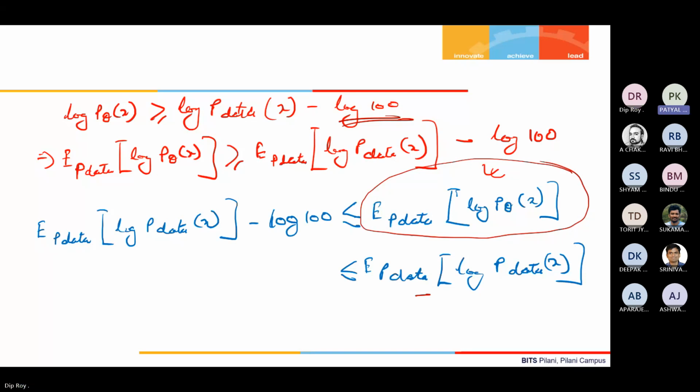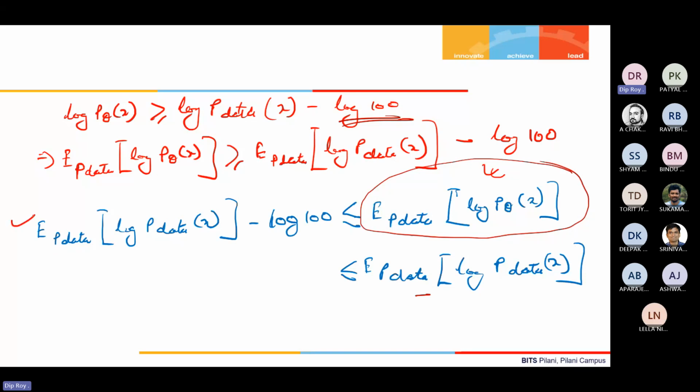Yes. But with this particular equation, what did we see? We saw that the expectation over your model distribution has an upper bound equal to the data distribution, and the lower bound is equal to the expectation over the data distribution minus log of 100, which is equal to 4.6. So there is a narrow difference between the lower bound and the upper bound, only 4.6 units.